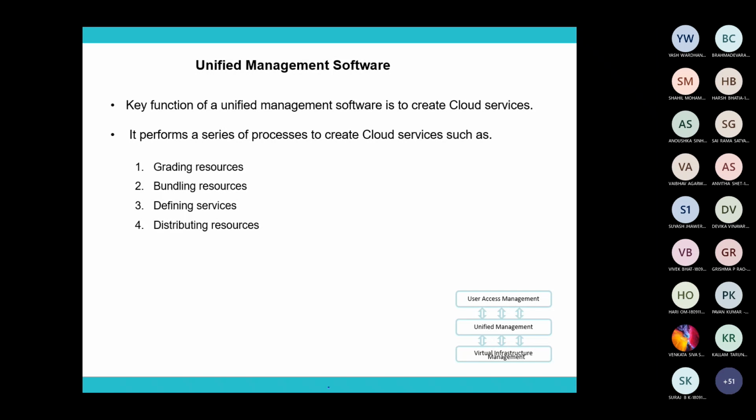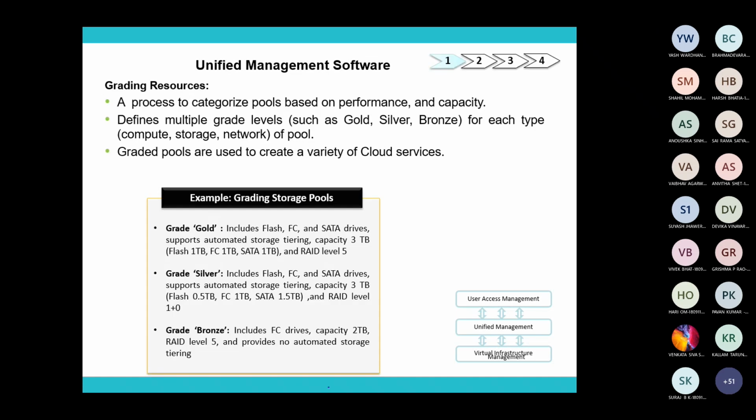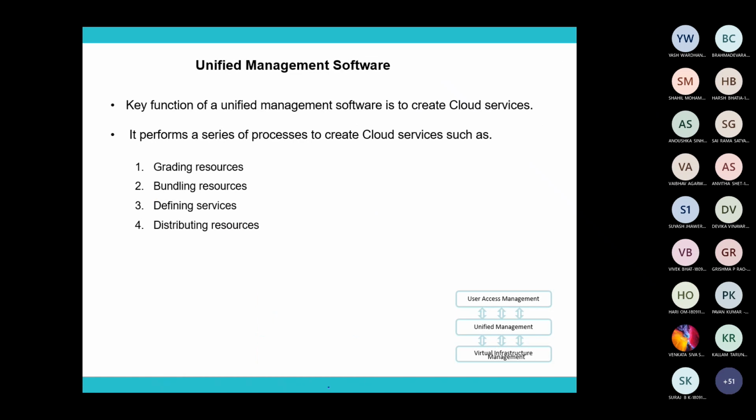When you look at the physical resources, whether compute, network, or storage, they may be of different quality or performance. Based on that, you grade those resources, as you have seen, into gold grade, silver, bronze, and so on.